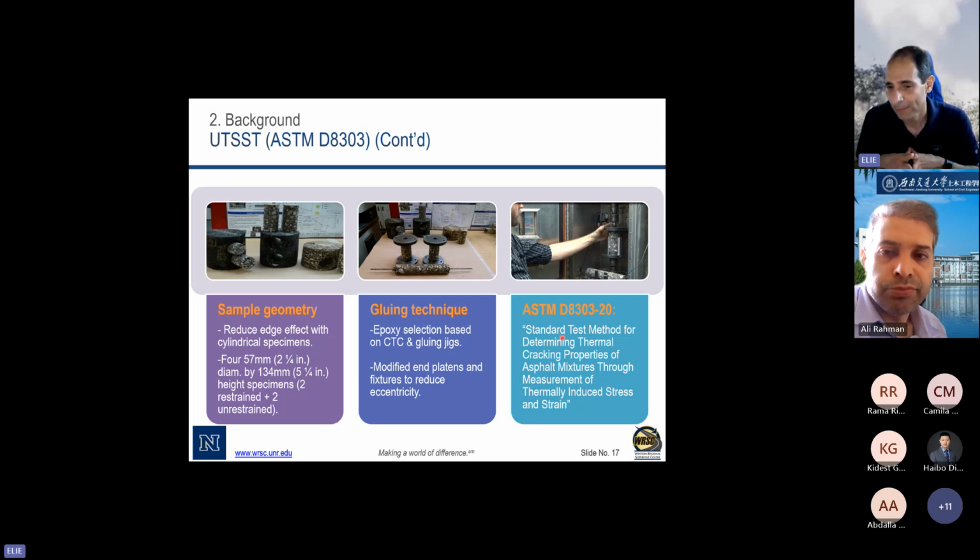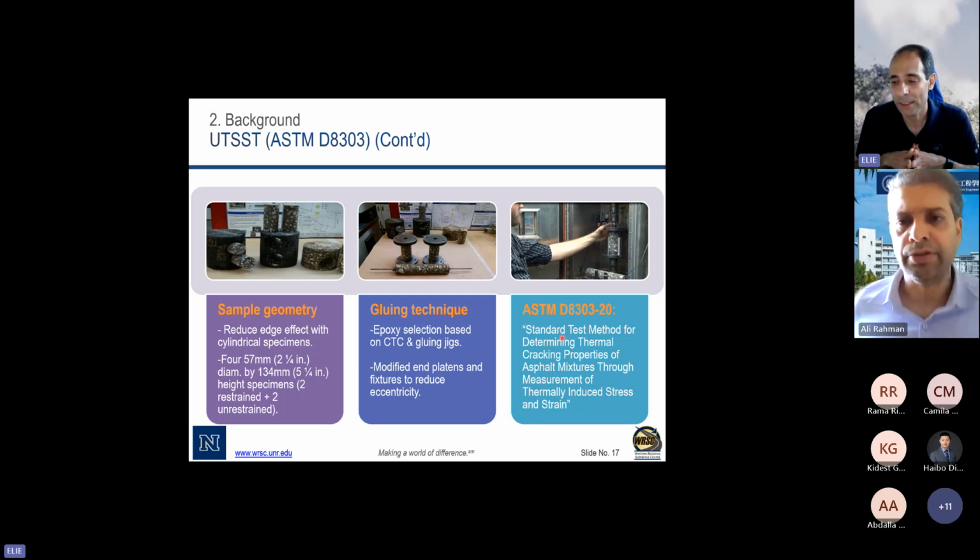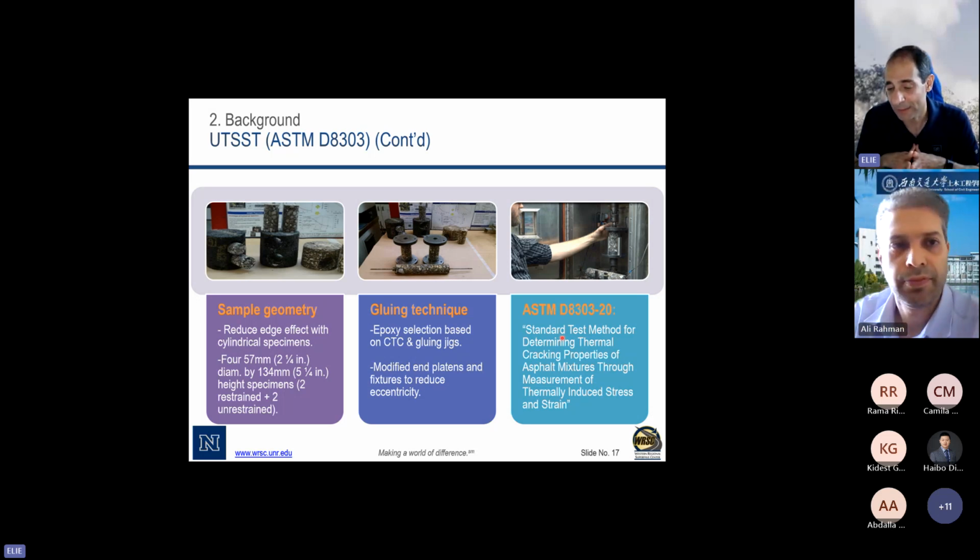But it's going to require some testing, field data, performance data, and then going through the calibration process. There is a very good AASHTO guideline on the calibration process. That might be a very good starting point.